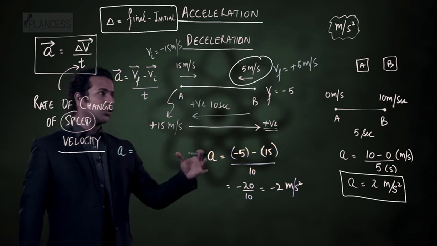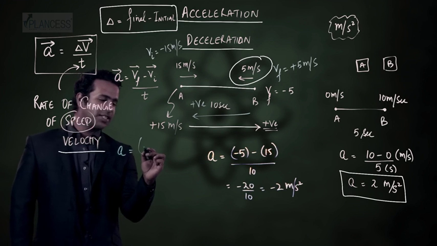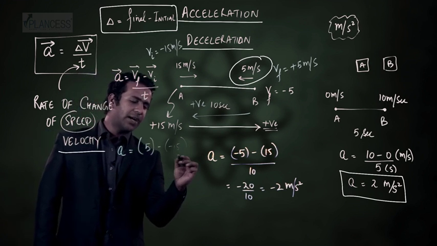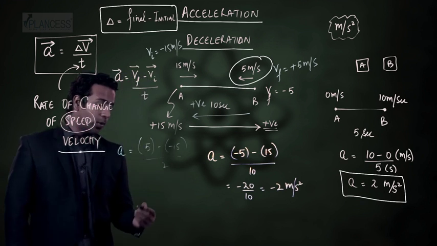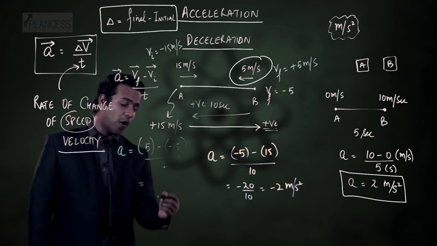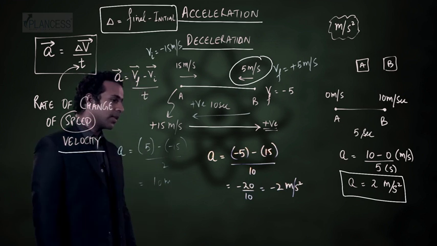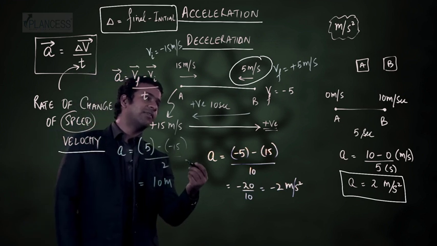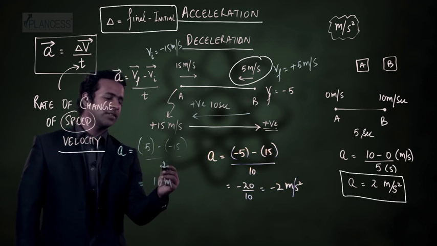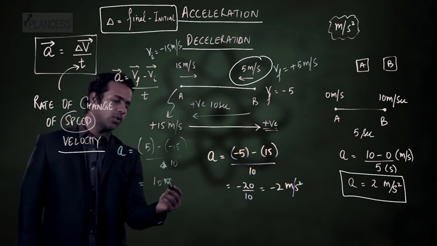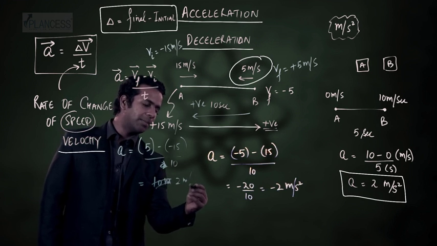So now acceleration becomes plus 5 minus 15 divided by 2, which gives you an answer of plus 10 meter per second. The time we have taken as 2, but the time is actually 10 seconds, and hence this would be 2 meter per second square.